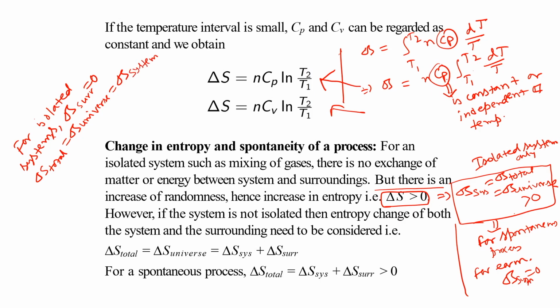So for an isolated system, delta S system is greater than 0, or delta S total is also greater than 0, because there is no contribution of surroundings here.